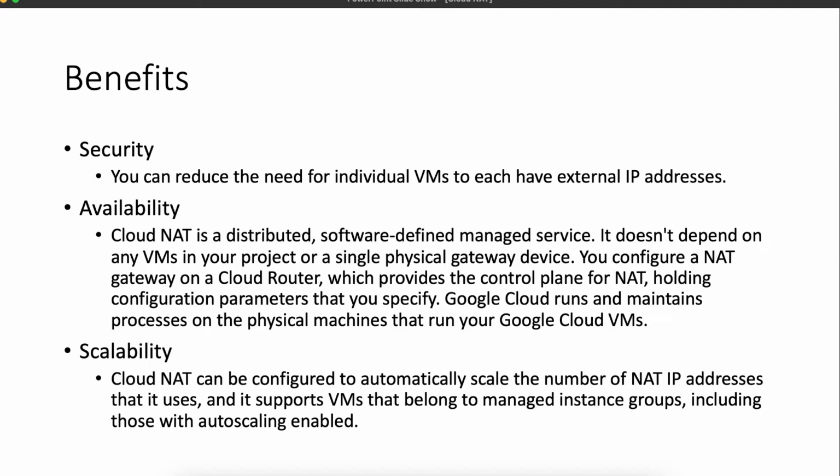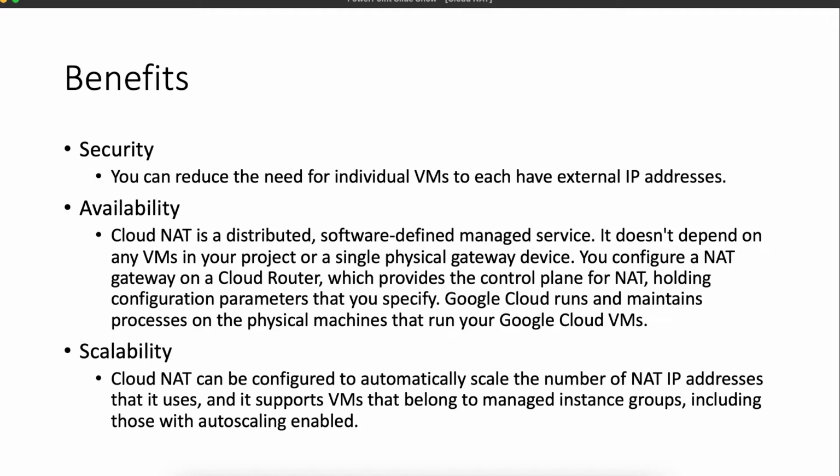Okay, now using Cloud NAT, you can get high availability, right? Because you are using a managed service, making sure that service is up and running is Google's responsibility. It's not your responsibility, right? So you are avoiding a single point of failure.